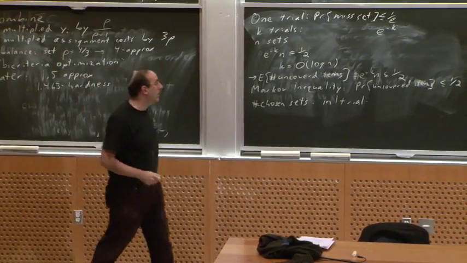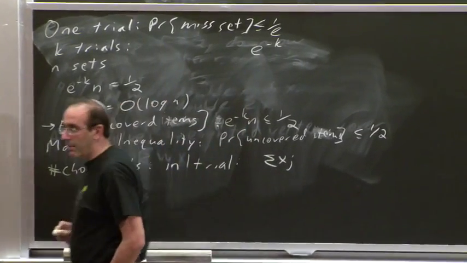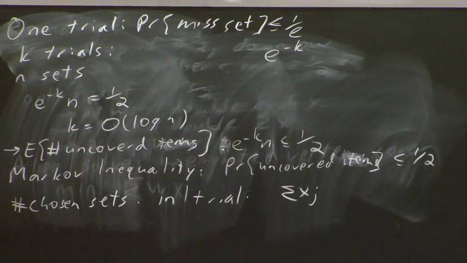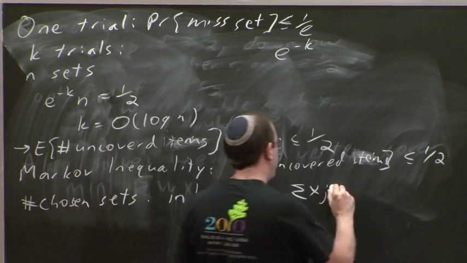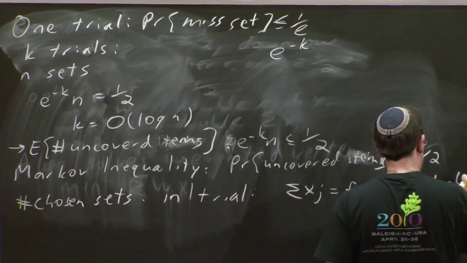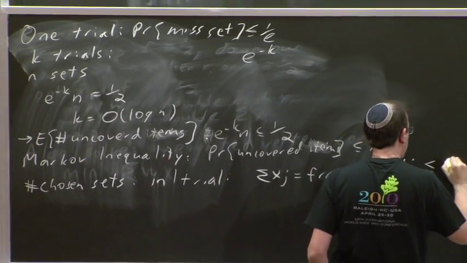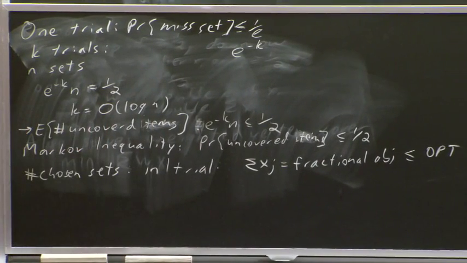Yeah? Sum of the xj's. So the number of sets that I choose in one trial is the sum of xj's. What is that quantity? Well, that's the objective, right? That's the fractional objective, which is therefore less than or equal to the optimum, because we're working with a fractional relaxation of the problem.